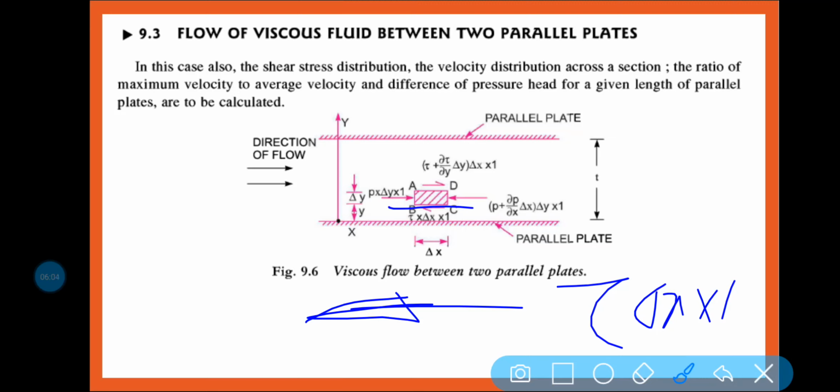Then on the face AD there must be some shear force acting in the direction of the flow, and because of the traveling distance delta y, the shear stress will be tau plus del tau by del y into delta y, into delta x into 1, because the area is delta x into 1.